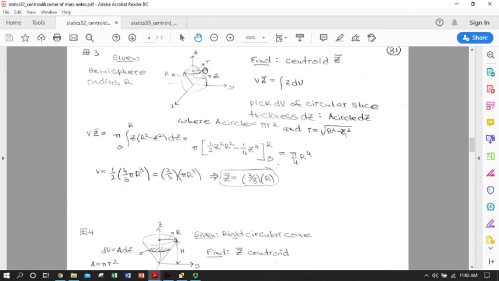So if we have a hemisphere, and we want to get the z centroid of the hemisphere. Hint, hint, the x and y are pretty intuitively obvious as 0 again. Z is kind of the trick.